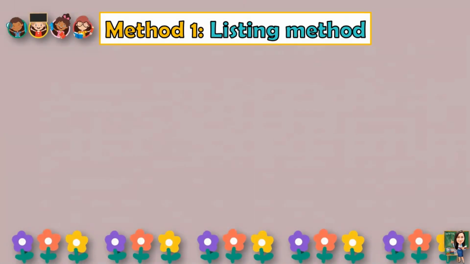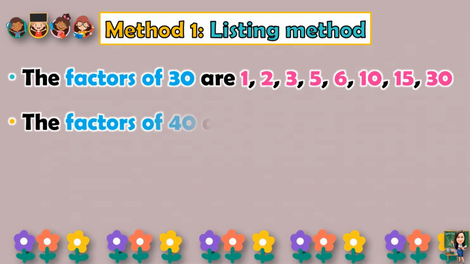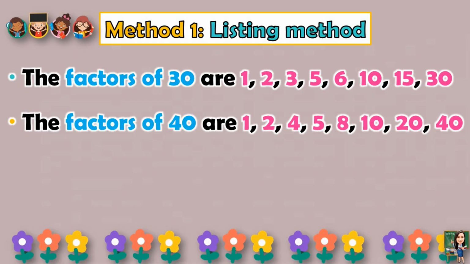Method 1, listing method. The factors of 30 are 1, 2, 3, 5, 6, 10, 15, and 30. The factors of 40 are 1, 2, 4, 5, 8, 10, 20, and 40.